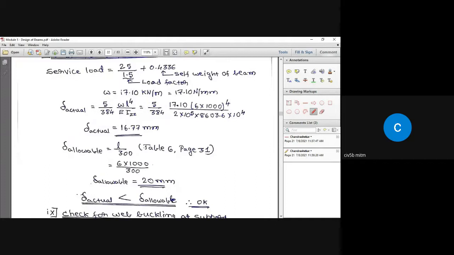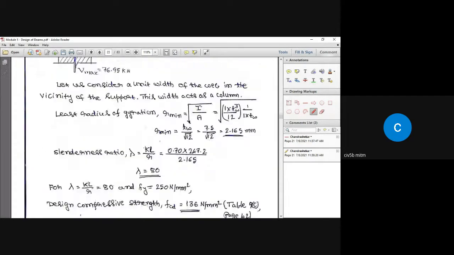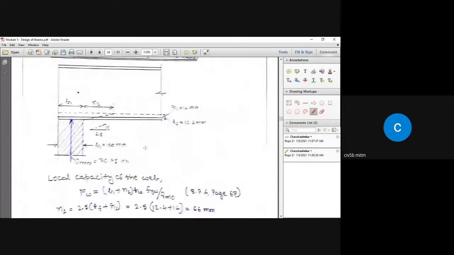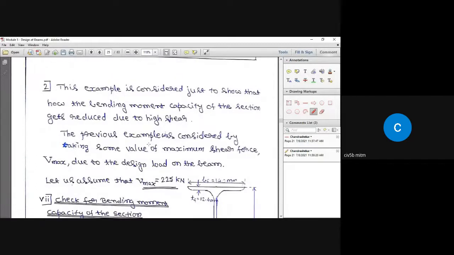So if we go to the next problem, in this case I have deliberately increased the value of shear force. The section is the same problem we discussed in the previous sessions, same section, everything, except the shear value.